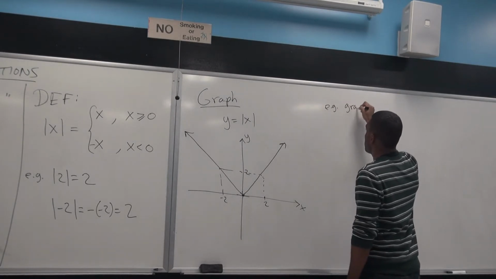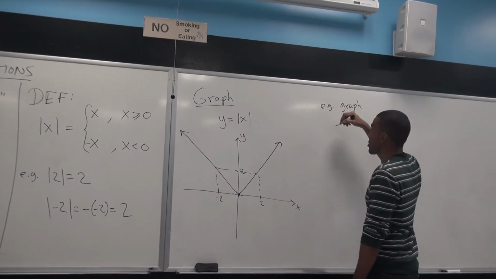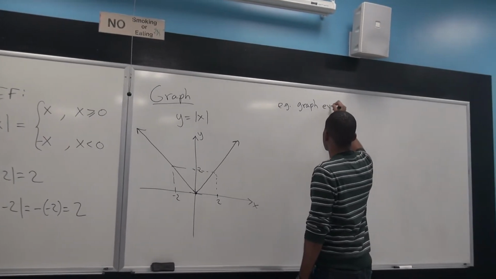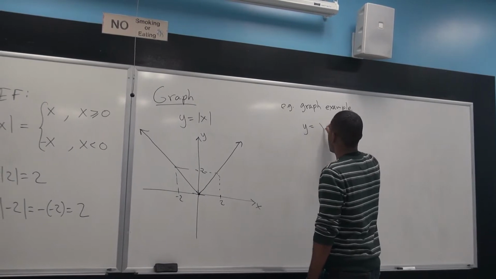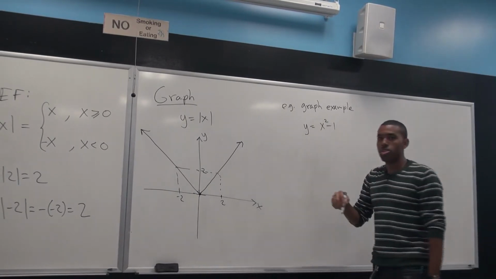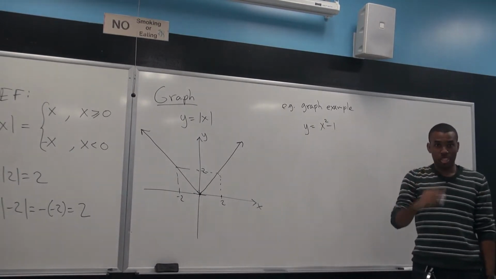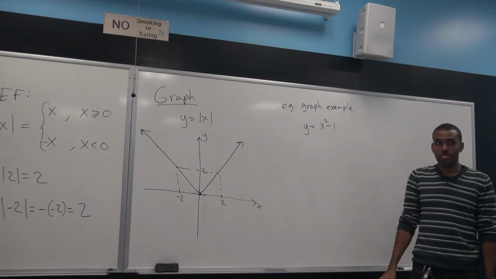Another graphical example before we move on to some computations. Do you know what x squared minus 1 looks like? Do you know how to graph quadratics, x squared?